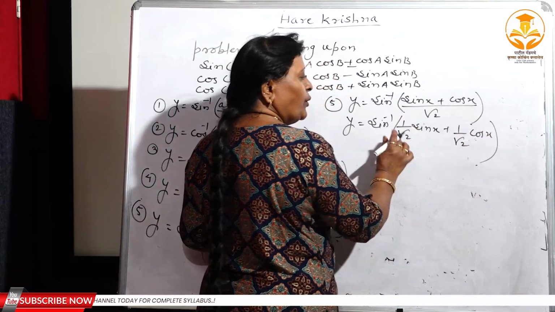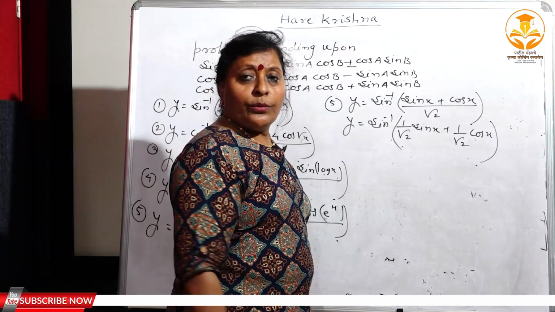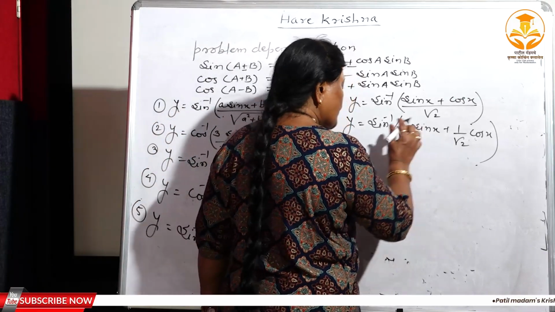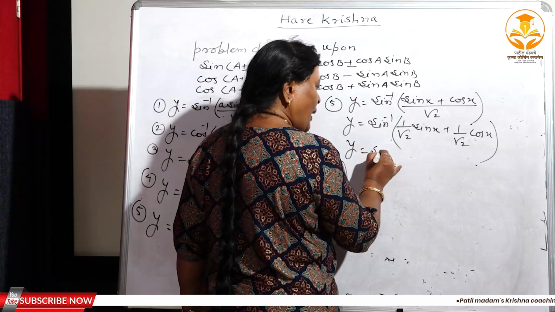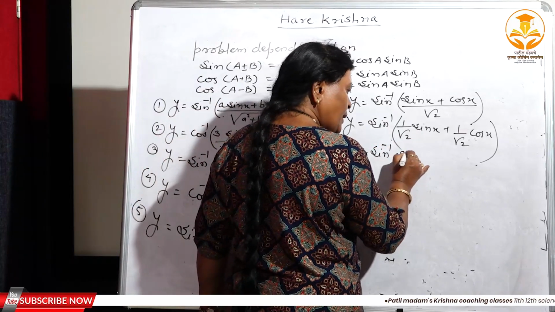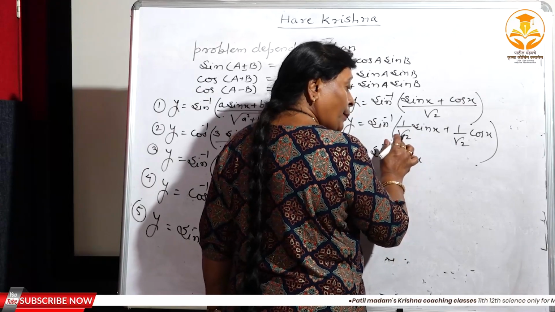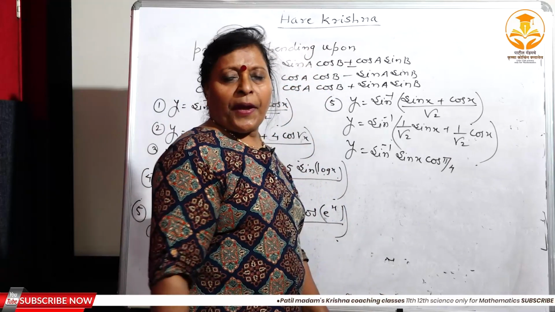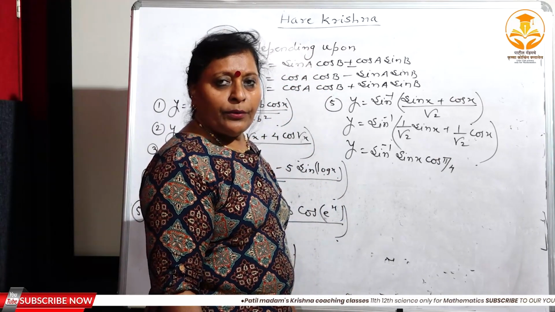Right? Again, you know 1 by root 2 square plus 1 by root 2 square is equal to 1. But here you can write another constant, that is sin pi by 4. Sin x remains as it is, and here 1 by root 2 you can write as cos pi by 4. Because the value of cos pi by 4 is always equal to 1 by root 2.